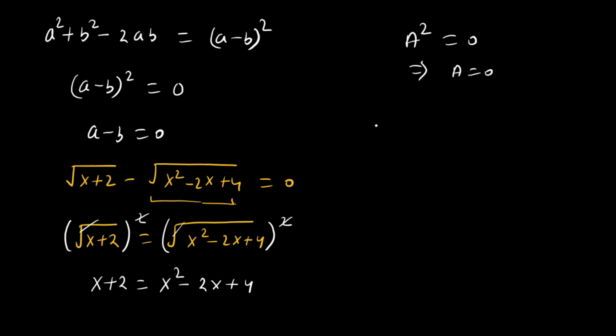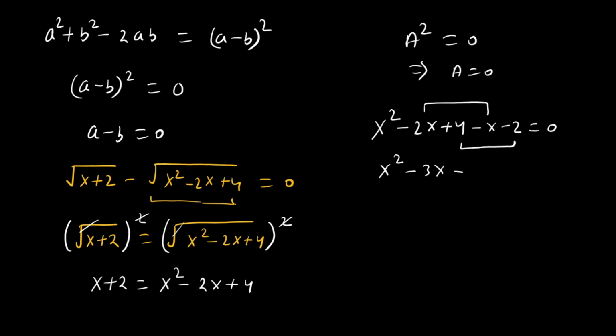If we take all the expressions to the same side, then x² − 2x + 4 − x − 2 = 0. Then x² − 2x − x, this is −3x, and 4 − 2 is +2, so x² − 3x + 2 = 0.